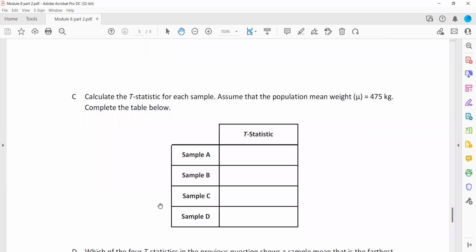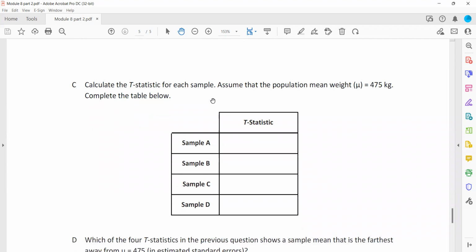We are interested in knowing what is the T statistic for each sample. How do we calculate the T statistic for each sample? Let's go back to the board and write it down here.